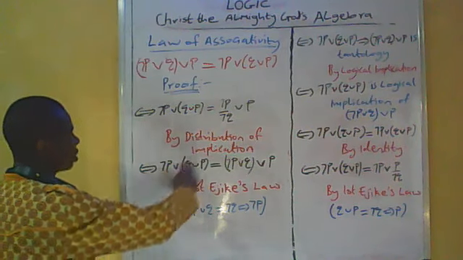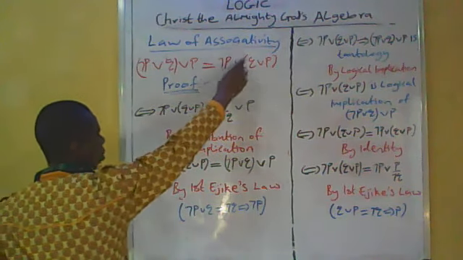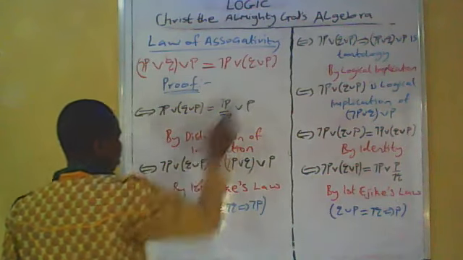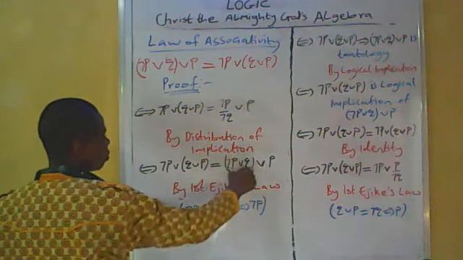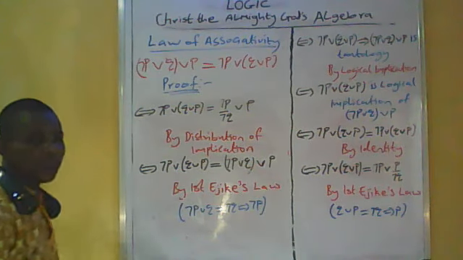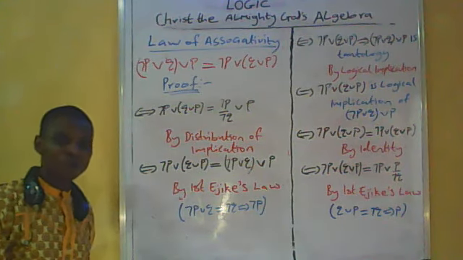We have now proved the converse. That means not P or (Q or P) is equal to (not P or Q) or P.